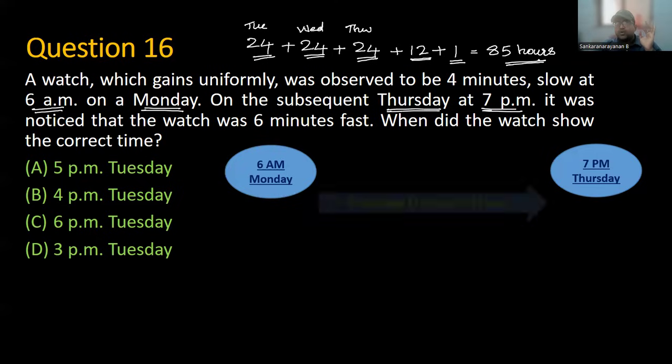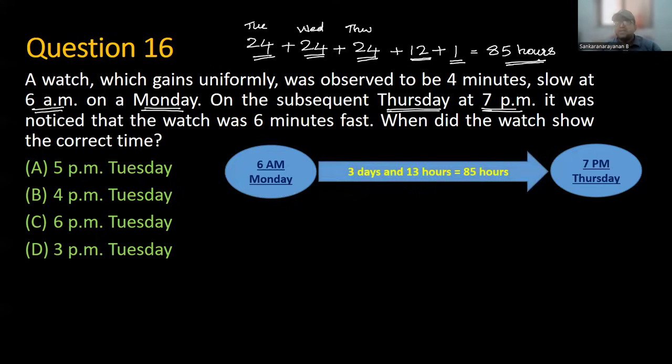So from 6 a.m. Monday to 7 p.m. Thursday, it's 3 days and 13 hours, 3 days and 12 plus 1. Altogether, we can say it corresponds to 85 hours.